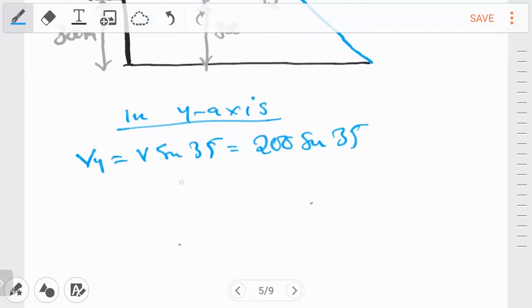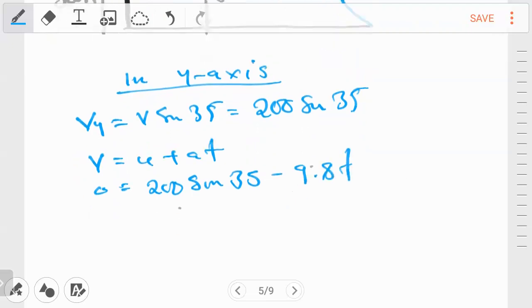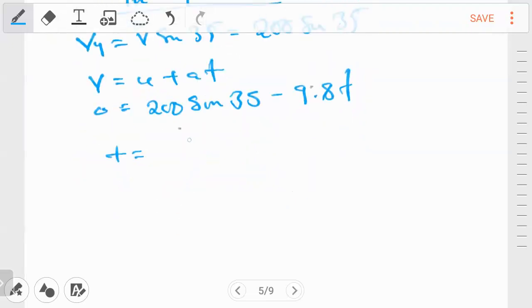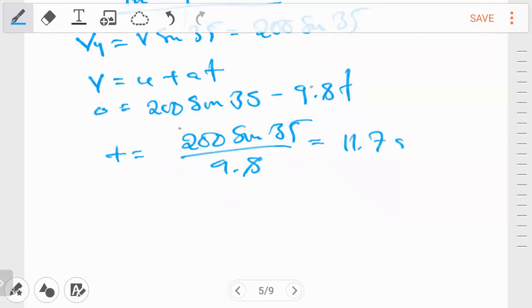To get the time t1, we have v equals u plus at. 0 equals 200 sine 35, the same as in the previous question, just with that extra bit, 9.8t. And then t comes out as we saw previously, 200 sine 35 divided by 9.8, which gave us 11.7 seconds. This is T1, the time for going up.